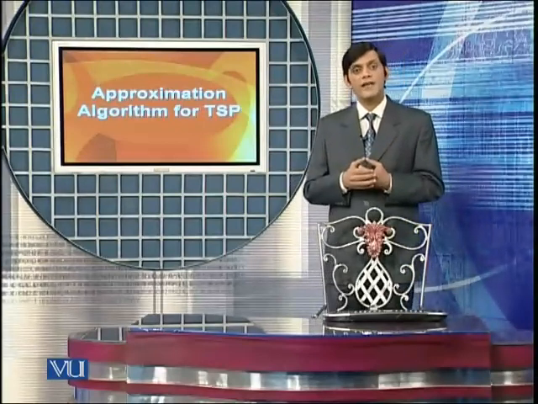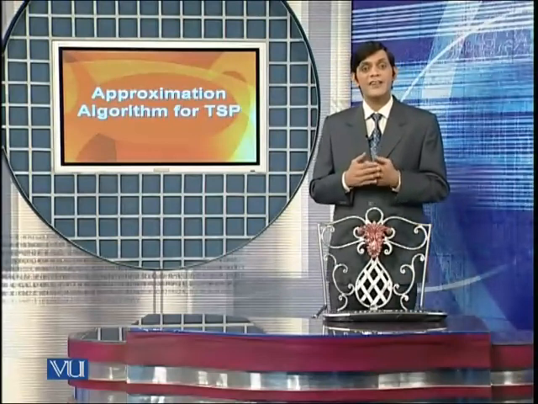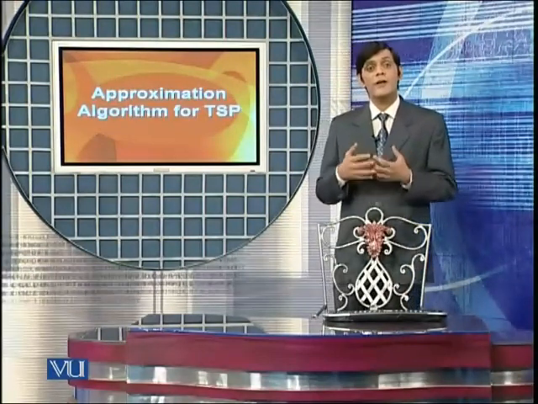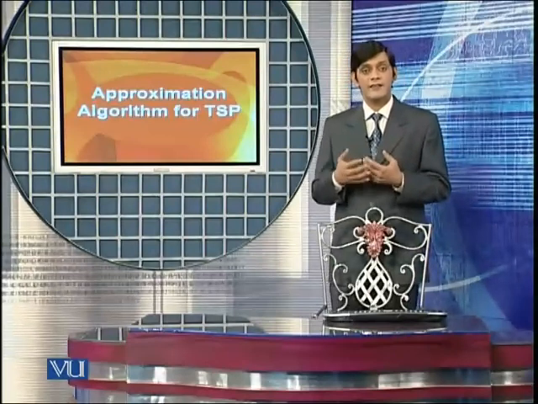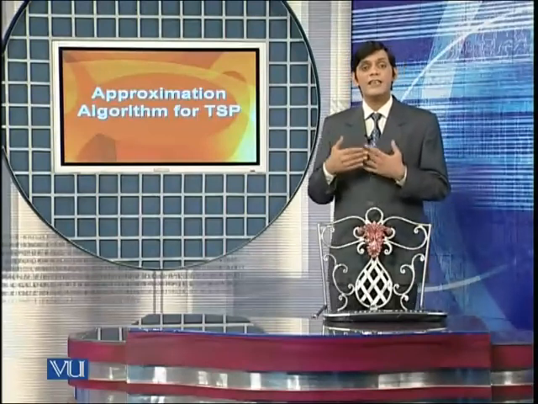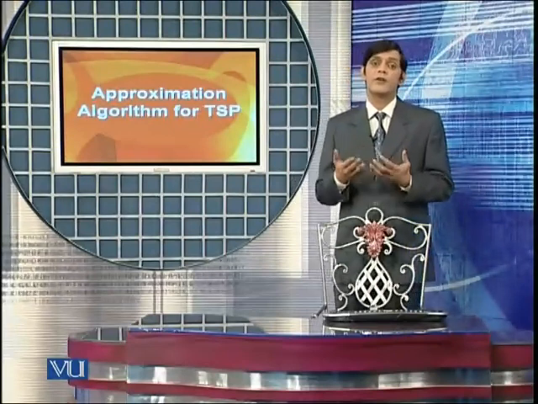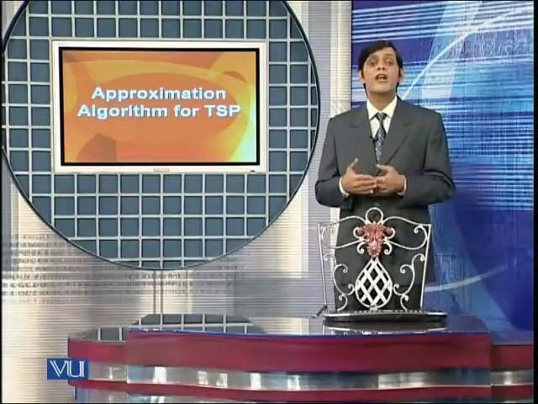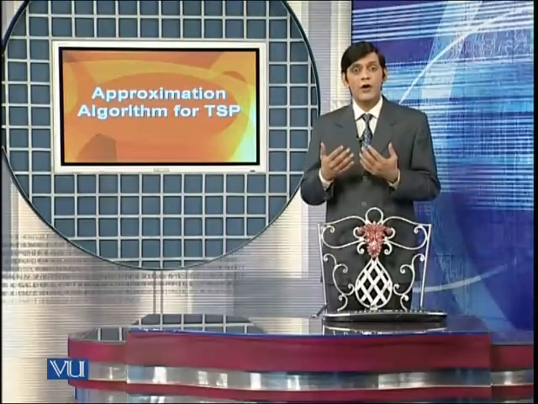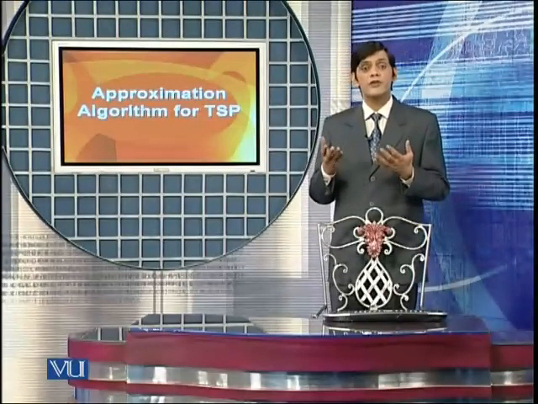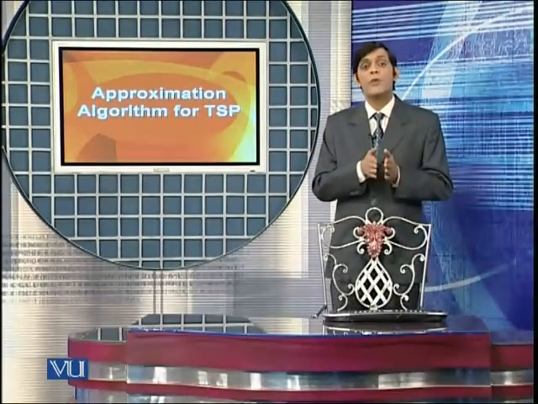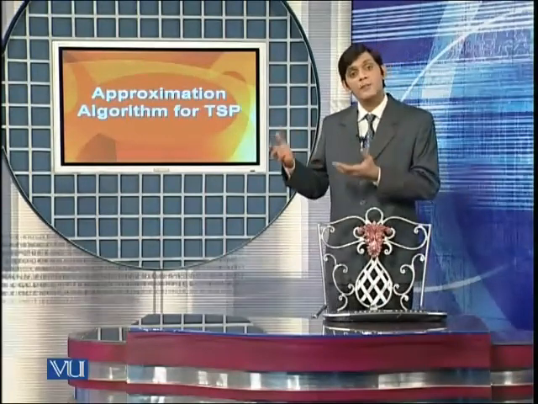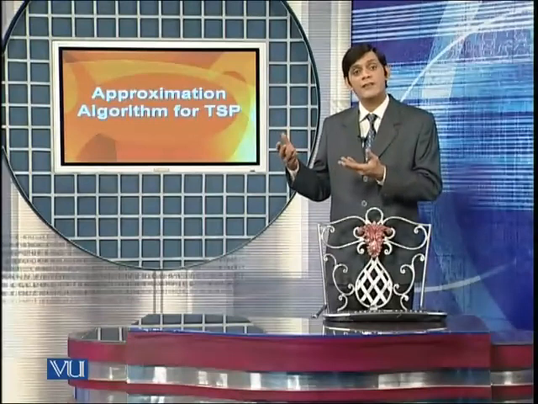By fact 1, the cost of the minimum spanning tree is at most the cost of the cheapest Hamiltonian cycle in this graph. Therefore, when DFS returns us the tour, it's going to cost at most twice the cost of the cheapest Hamiltonian tour. So the tour returned by DFS is not going to be more than twice the cost of the cheapest possible Hamiltonian tour in this graph.